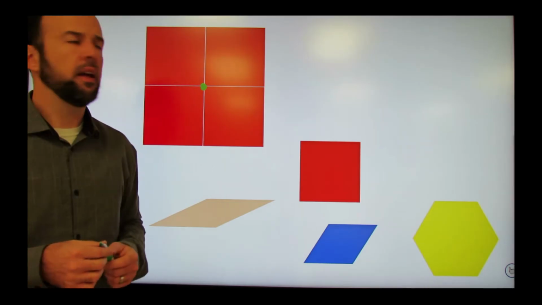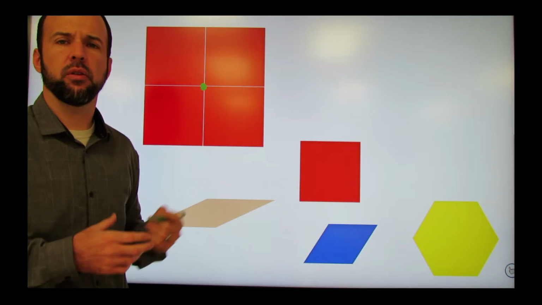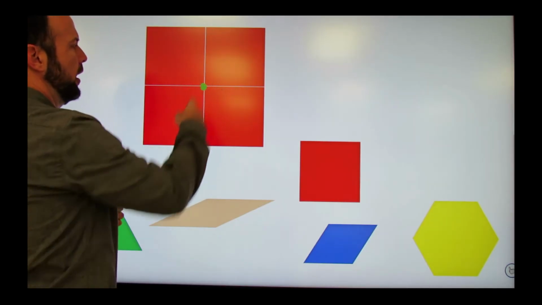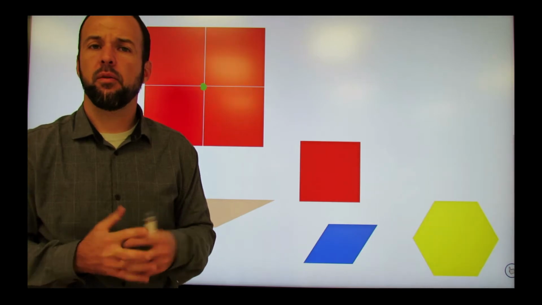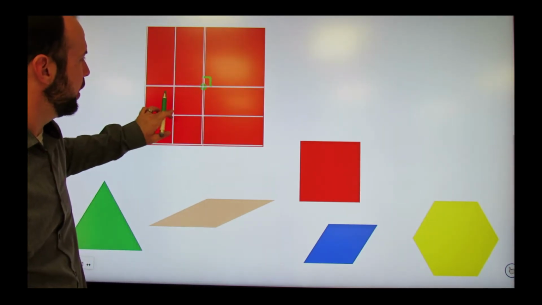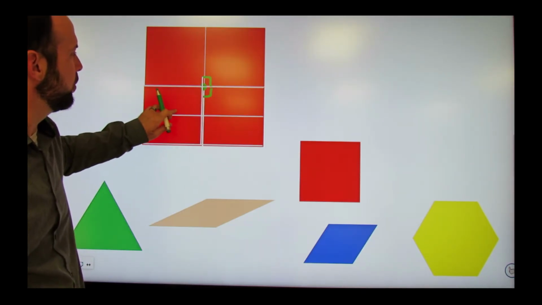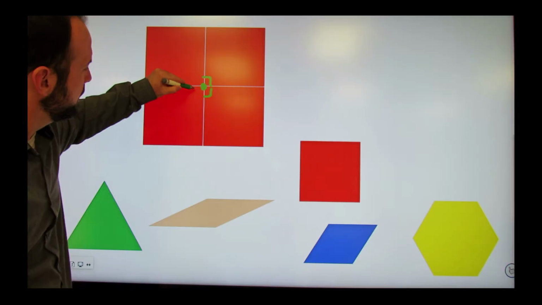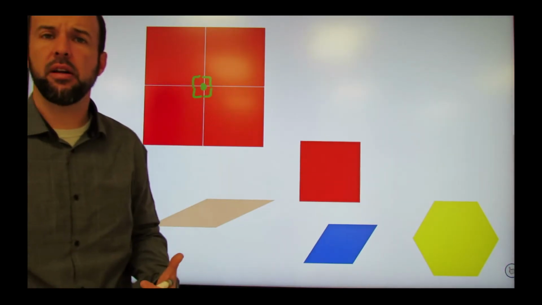Now, how many right angles meet at this center point? At the very middle where all these squares have met up, how many right angles are there? There are going to be 4. Each one of these squares is a right angle. So we have 1, 2, 3, 4. Those are 4 right angles that meet there in the middle.